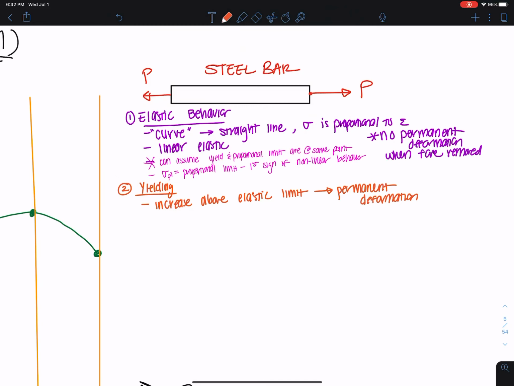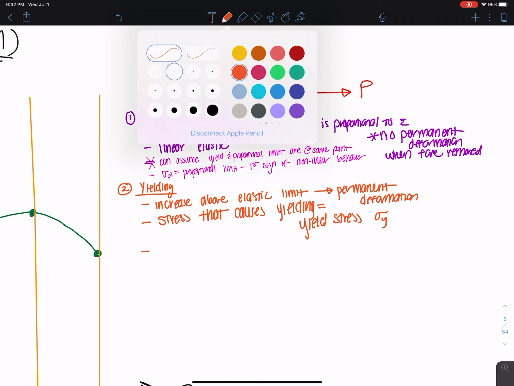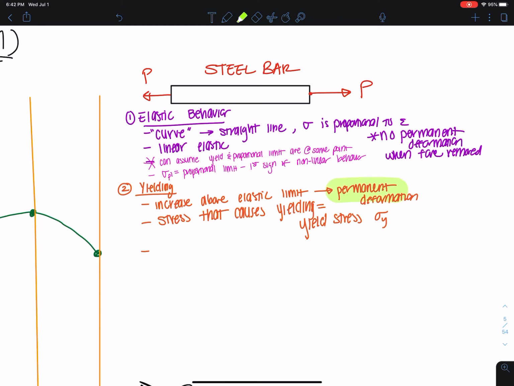So the stress that causes yielding is called the yield stress, sigma y. And we call this permanent deformation plastic deformation, meaning it's not reversible. This is a point of no return, okay? It is not reversible once the load is lifted, okay? All right.